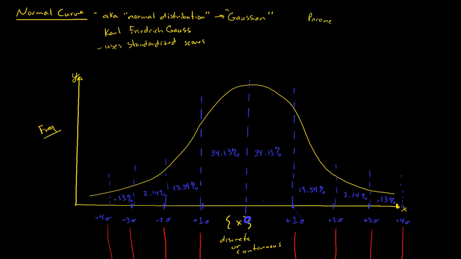Parameters are things that describe the population. So the mean of the population is signified by mu. The variance of the population is sigma squared, and the standard deviation of the population is sigma. So what these sigmas mean down here, these are the standard deviations of the actual population.